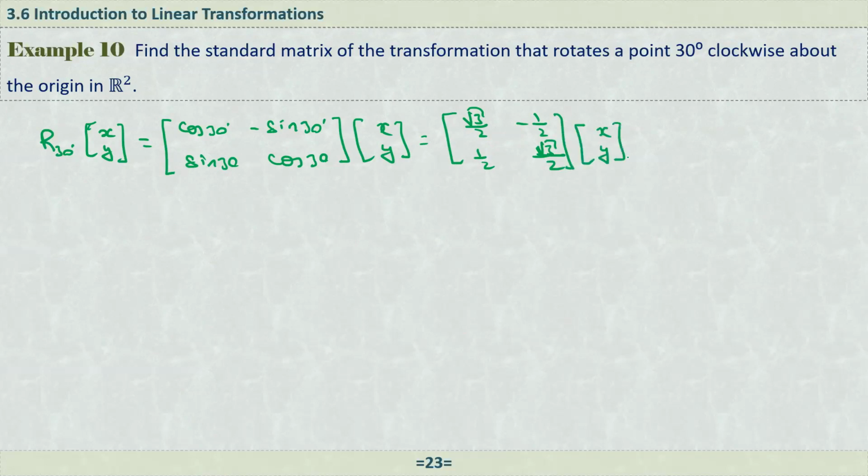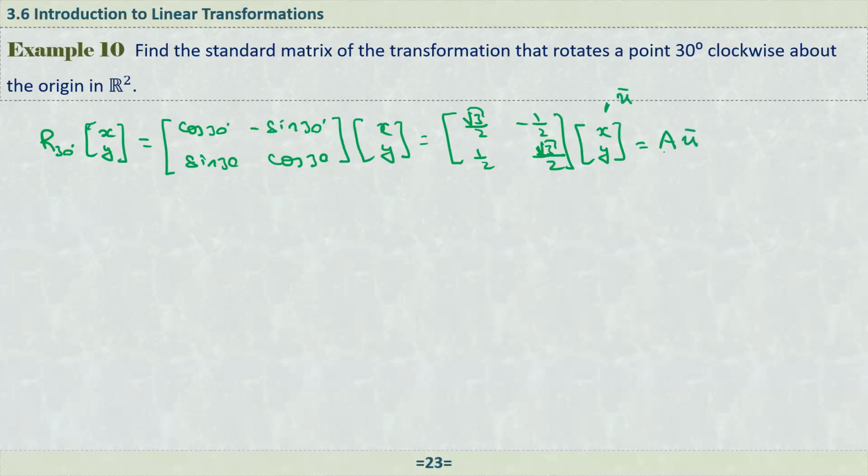In a different way, I can also just substitute here negative 30, because negative 30 means anti-clockwise direction. Here I'm going to make use of the previous theorem. So now that is our standard matrix of rotating 30 degrees anti-clockwise. Let's say this vector is vector u.